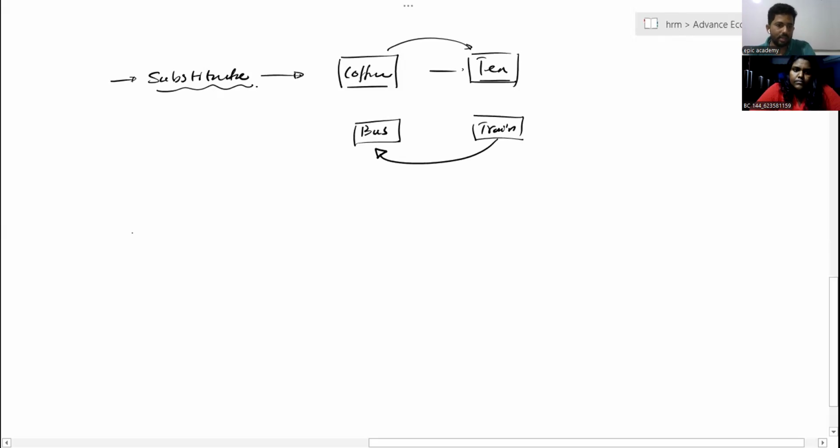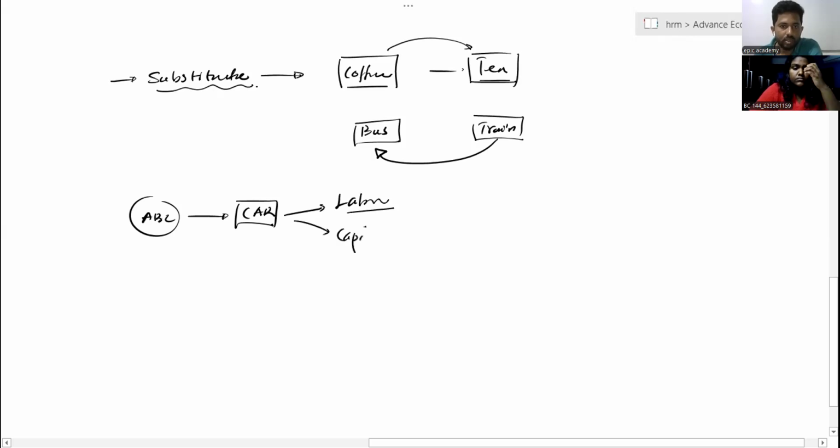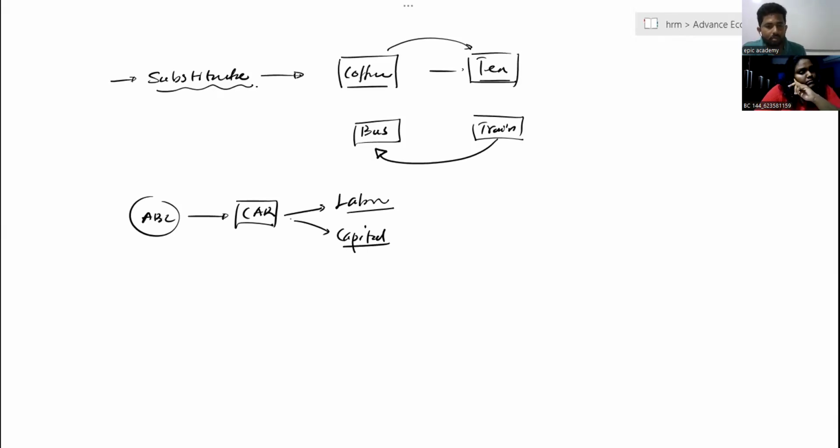As an example, consider that ABC company produces a motor vehicle by using labor inputs and capital input. The ingredients and other things are available, but the assembling activity is done by labor.